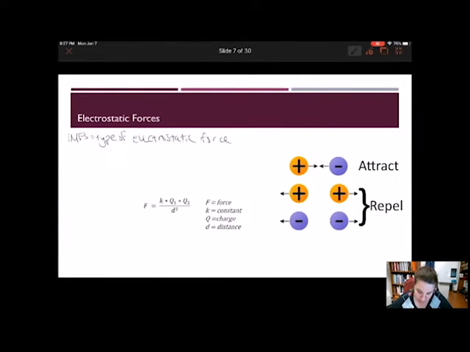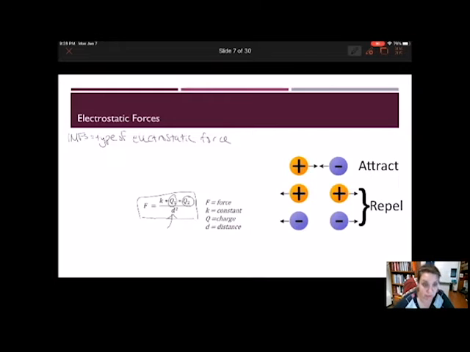The equation for our electrostatic force is this equation right here, where we have magnitudes of charge and the distance. So the greater the magnitude of charge, the smaller the distance, the greater the force.